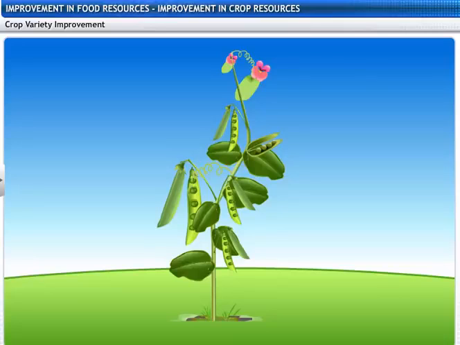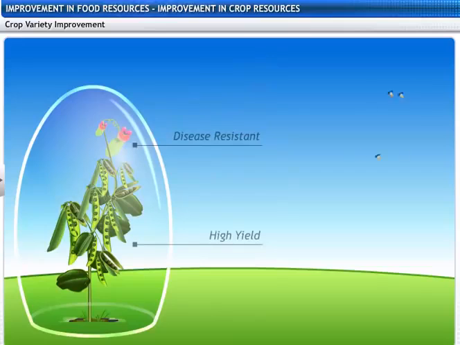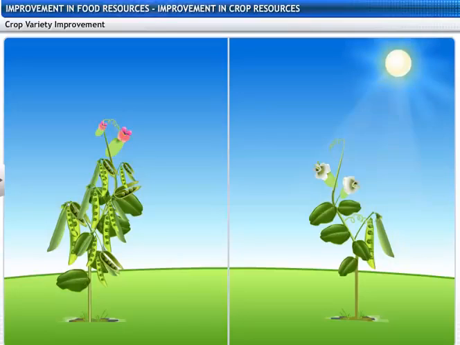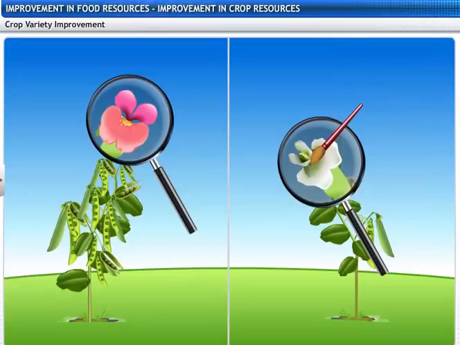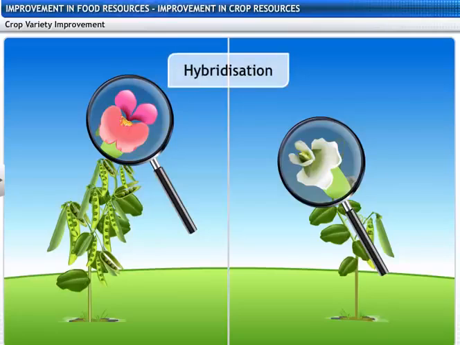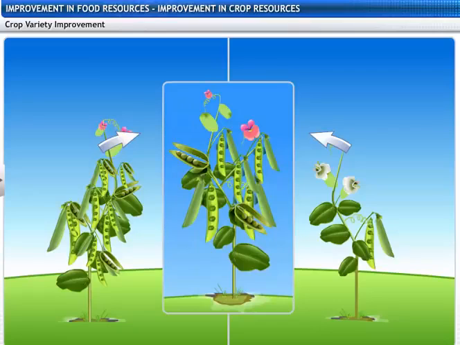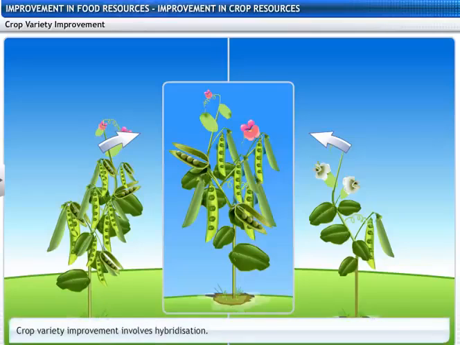The criteria for the selection could be high yield, disease resistance, response to fertilizer, tolerance to climate, etc. Desirable traits are incorporated into the plant by the process of hybridization. In this process, genetically dissimilar plants are crossed. It is one of the methods for crop variety improvement.